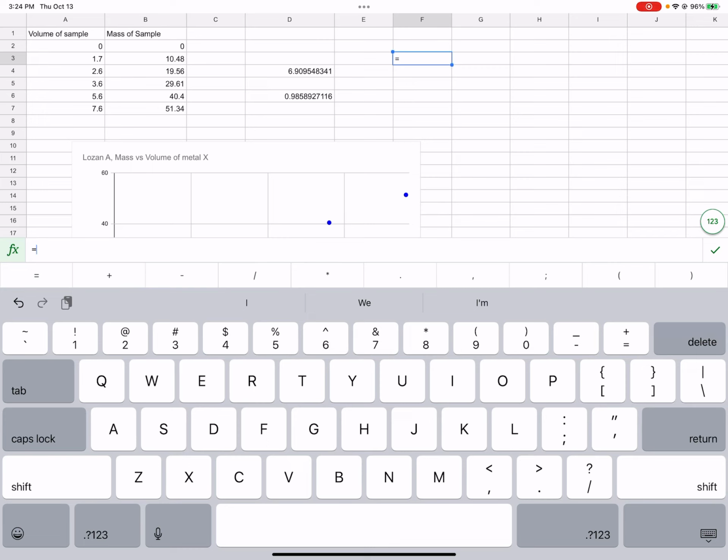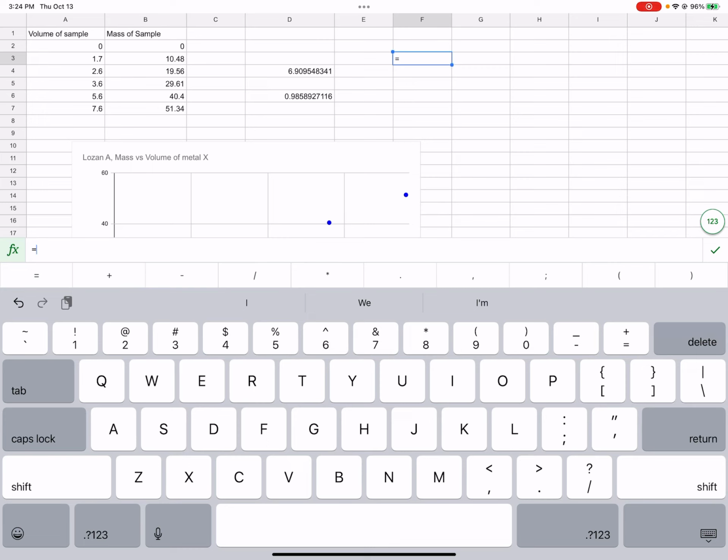If you press the equals button, that tells the computer that you are going to write a formula. Basically, you're going to tell it to find something, and what I want it to find is slope. So I'm doing equals SLOPE. Then you start a parenthesis, and it asks what data you want to use for your y-axis. Remember, the y-axis is the rise, and that's the mass of the sample.